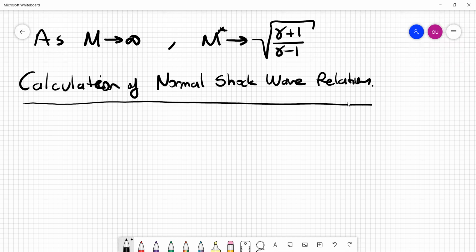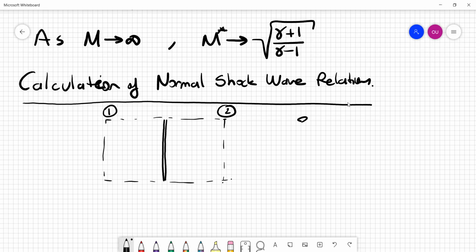What we did back then was we said, okay, there's a shock wave, and we take a control volume across the shock wave. We said here is, let's say, 1, here is 2. Using this control volume, we derived some basic governing relations in which we did not have any Mach numbers. So I will rewrite those conservation equations.